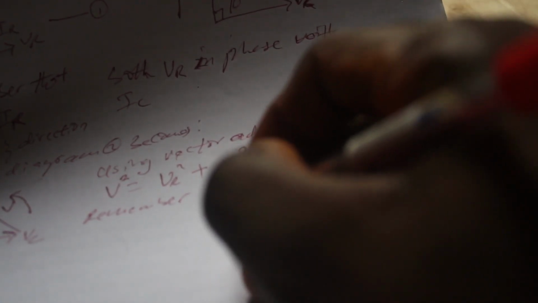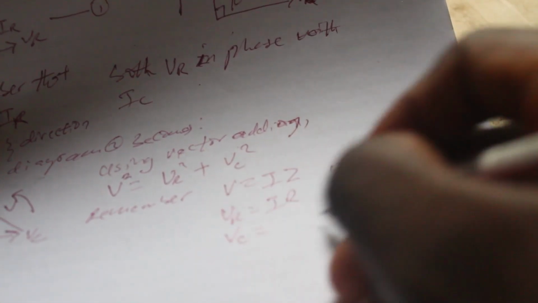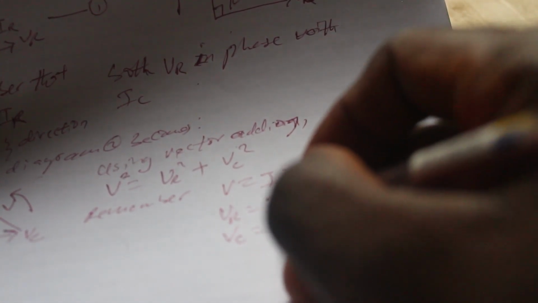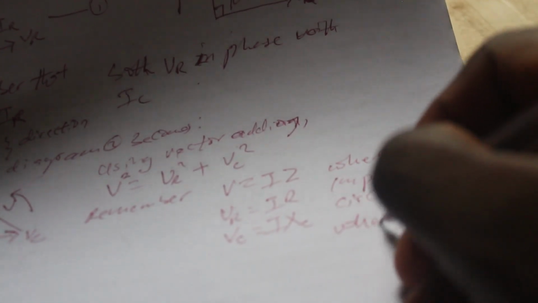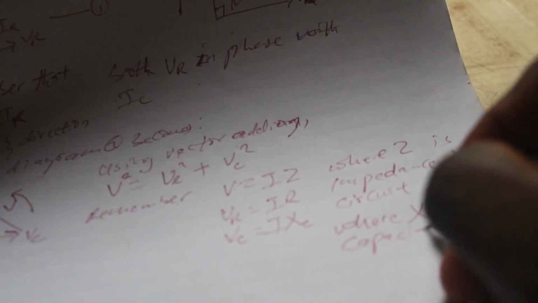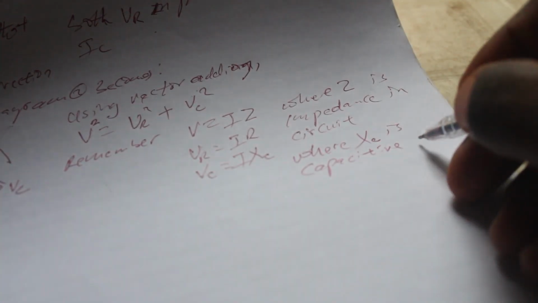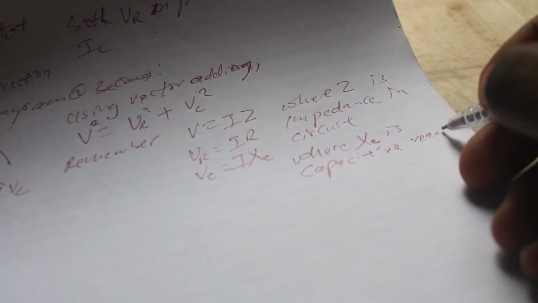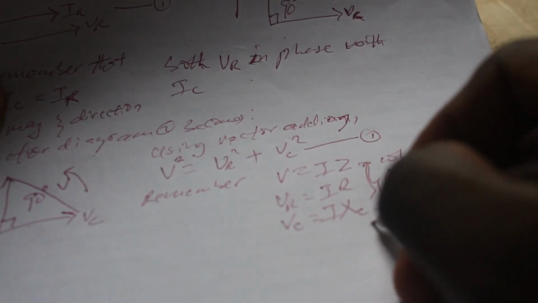We also know that VR is the same thing as IR, from Ohm's law, and VC is the same thing as I times XC, where XC is the capacitive reactance. Let's call this equation 1, and the whole of this equation 2.